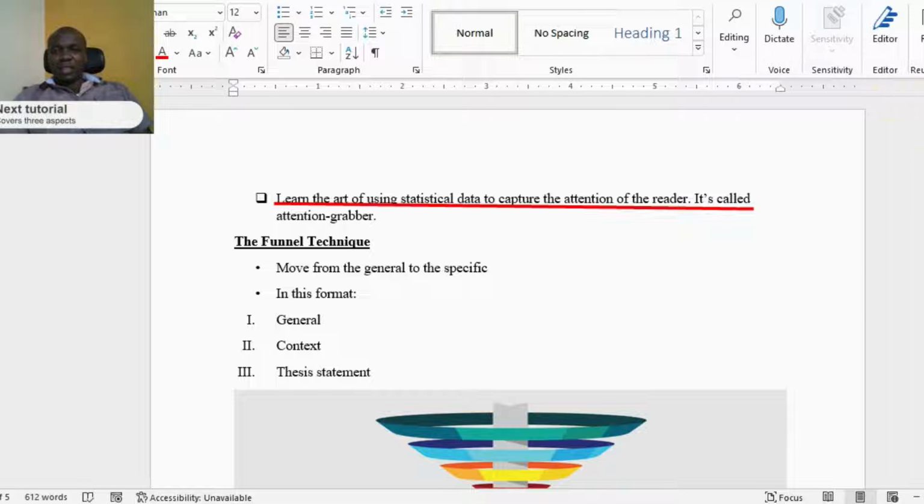This thing is called attention getter, attention grabber, as I've said. It's a hook point. In other words, it is a hook point. You want to hook the attention of your readers, your audience. It's very important.